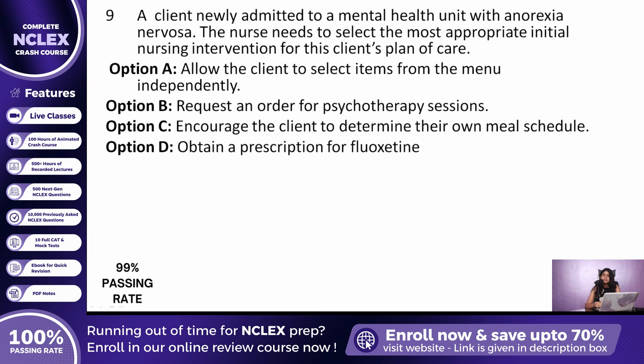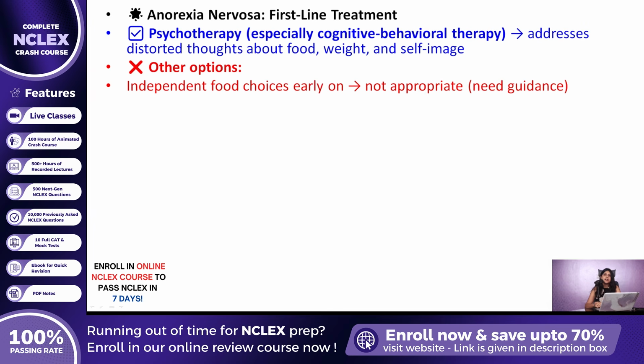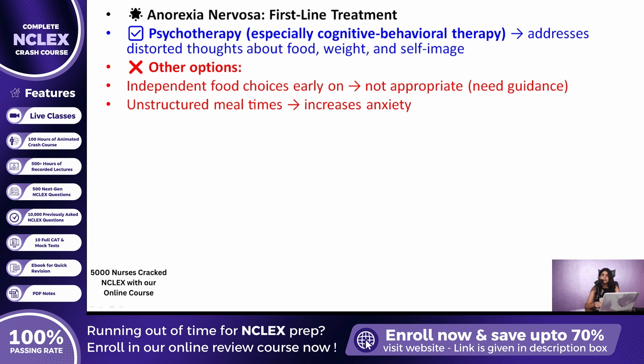Here is why. Psychotherapy, especially cognitive behavioral therapy, is the cornerstone of treatment for anorexia nervosa because it helps address the distorted thoughts and beliefs about food, weight, and self-image that contribute to the disorder. Option A is not appropriate early in treatment because clients typically require guidance in making nutritional choices. Option C is not correct because structured meal times provide consistency and reduce anxiety about eating.